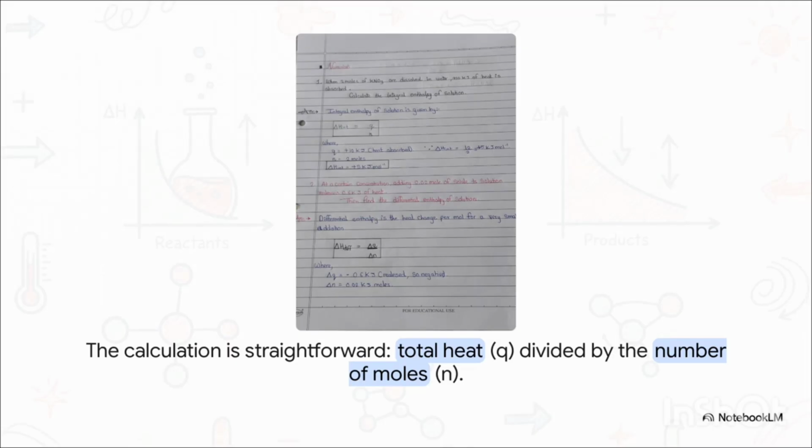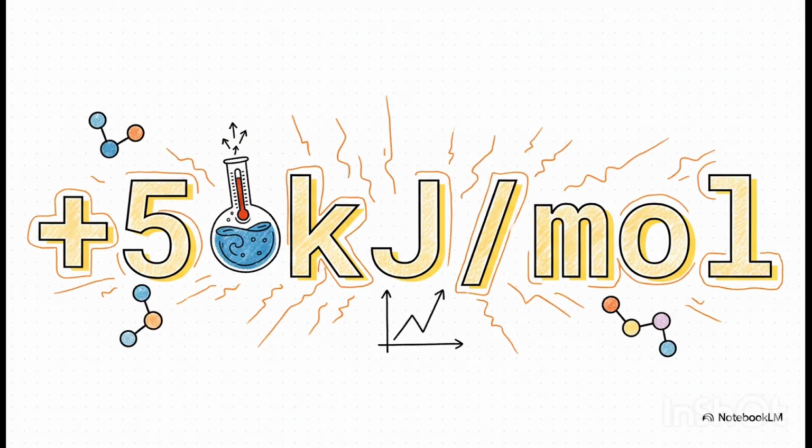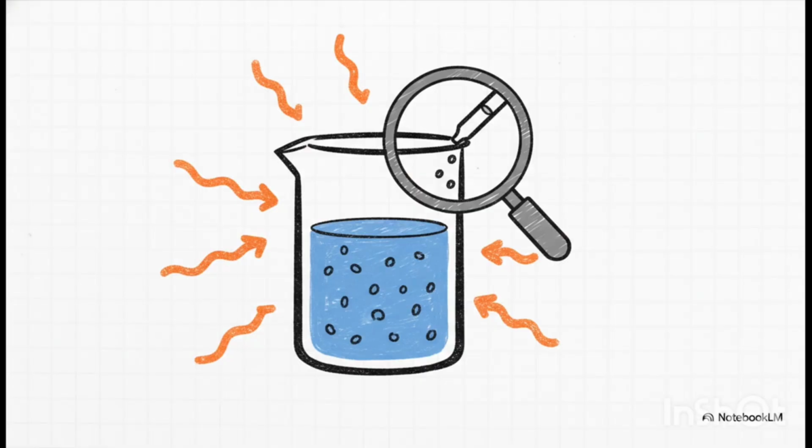The math here is pretty straightforward. The integral enthalpy is just the total heat change, Q, divided by the number of moles, N. So we take our positive 10 kilojoules and divide it by the 2 moles that we dissolved. And there you have it. The integral enthalpy of solution for this process is plus 5 kilojoules per mole. Easy enough?